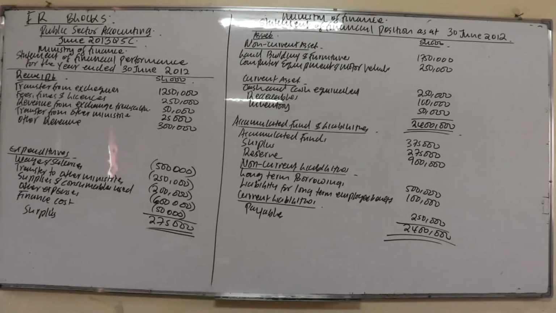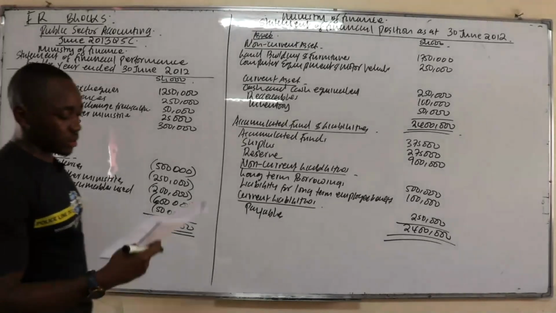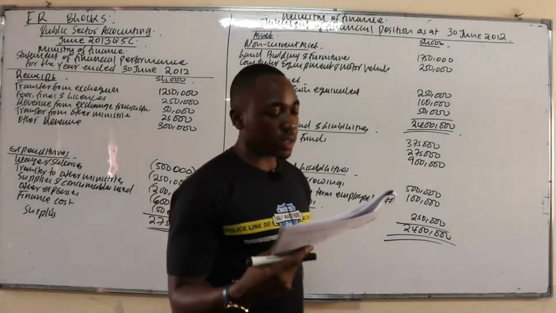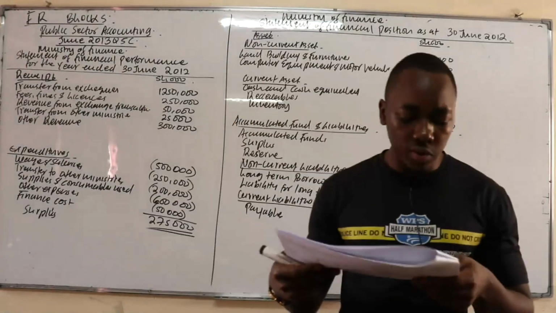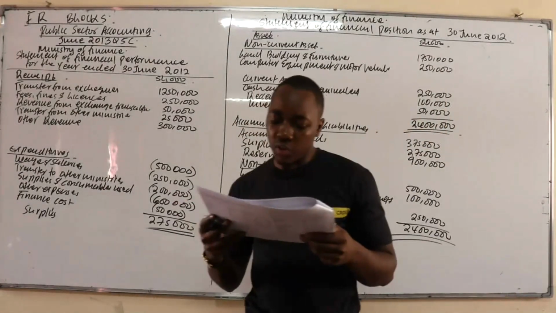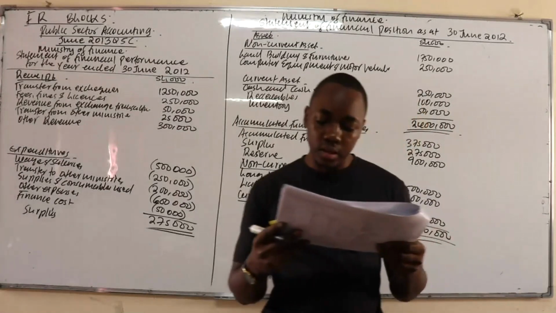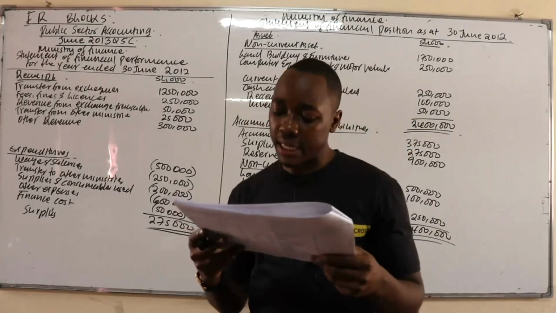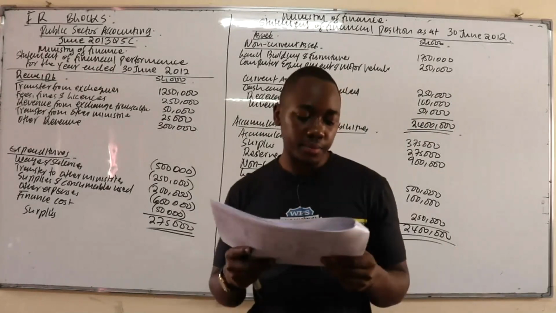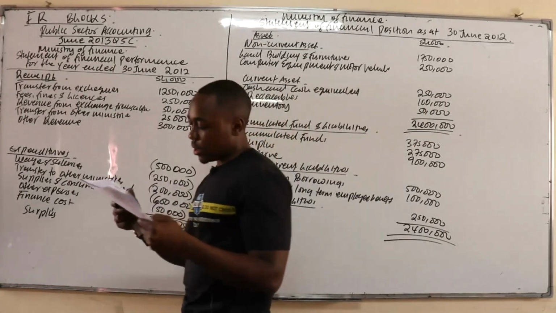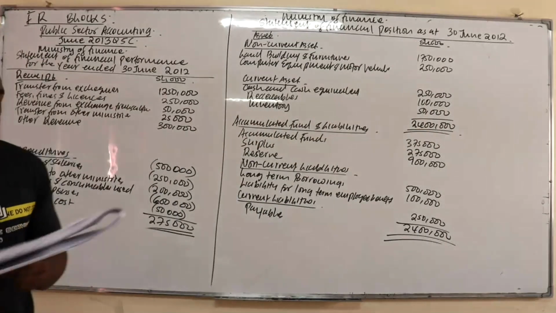Good. Then still on the same page, but now for December 2012, there's that question number 2, part C. It's still on public sector. Let's do that. December 2012, question 2C. It's on the same page.